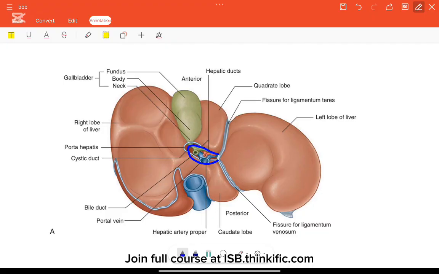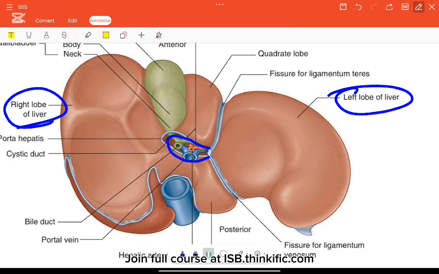Now, when we see the inferior surface of the liver, we see that the anatomical right and left lobes of the liver are divided by two fissures. This is the left lobe of the liver, and that's the right lobe of the liver. Now, in between them is this. This is anterior, right? That's posterior.